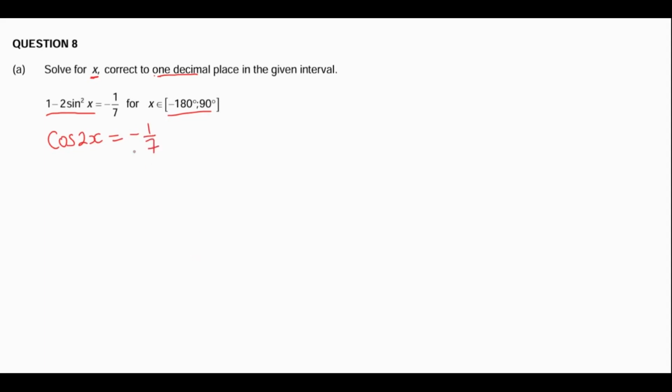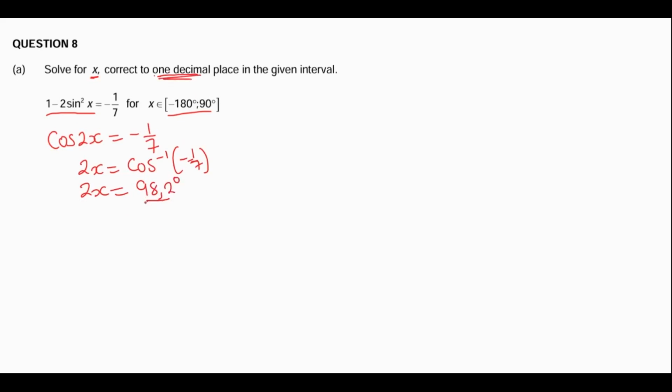Okay, and then find your reference angle. So 2x is equal to cos inverse of negative 1 over 7. Then you put this in the calculator and you'll get that 2x is equal to 98.2 degrees. Remember, correct to one decimal place.